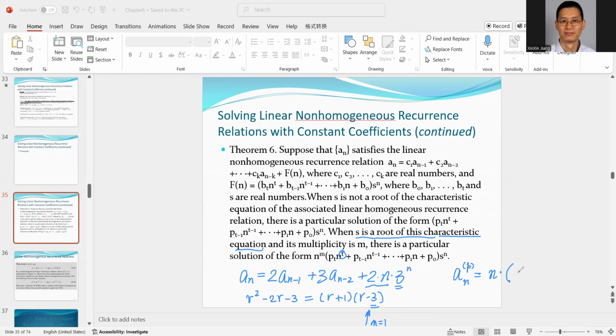So I'll use alpha plus beta n, a linear function, times 3 to the n. So this is our particular solution. We're going to figure out alpha and beta from the recurrence relation.